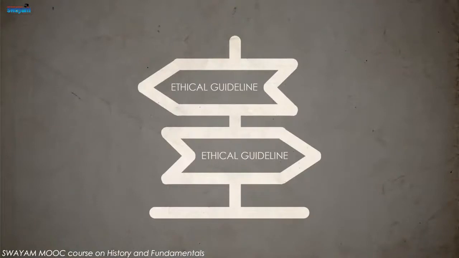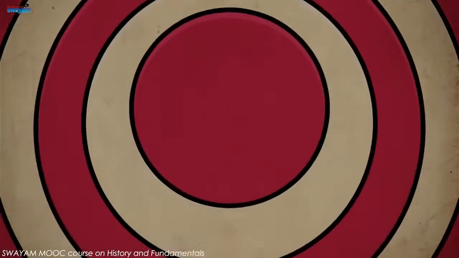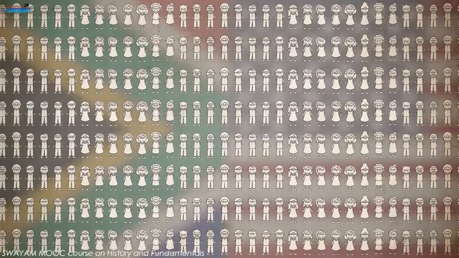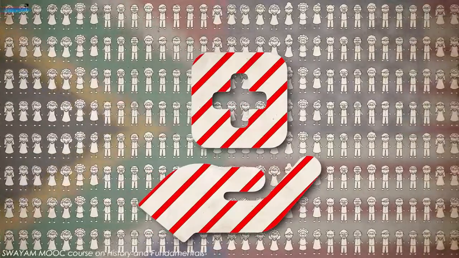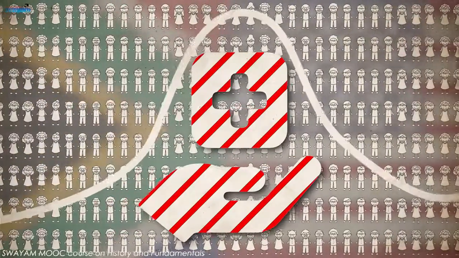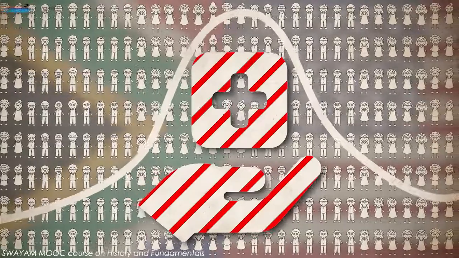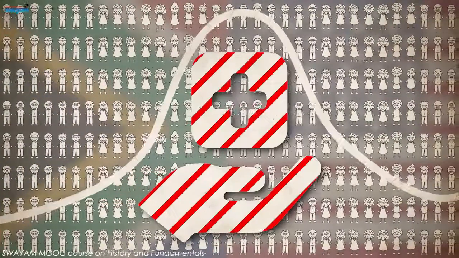Various ethical guidelines were developed in the 20th century in response to such studies. When you say 400 African American men were not given the treatment just to know how the disease progresses, that is against ethics.